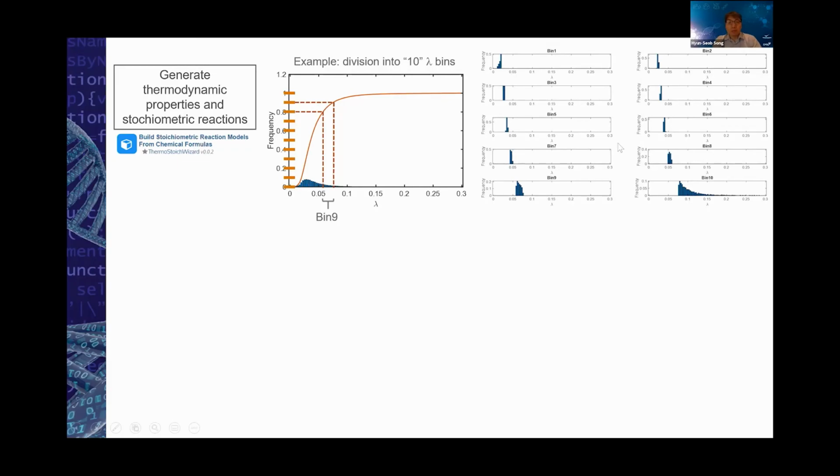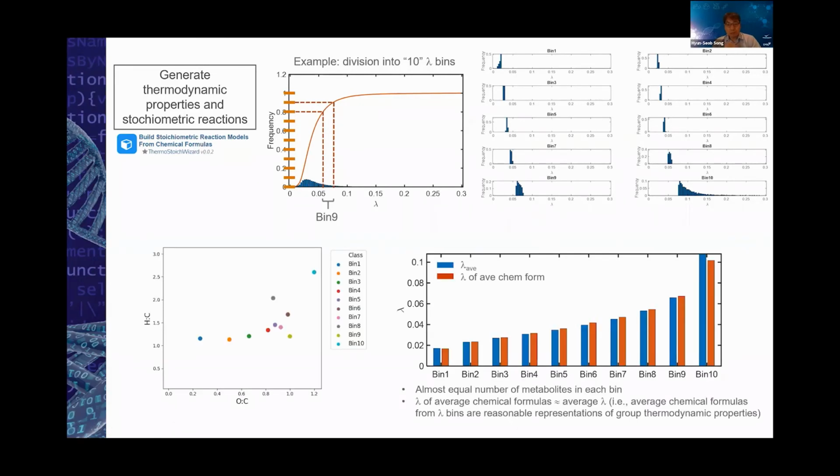So what we do here is identify the average chemical formula from each lambda bin. This is a plot of the average chemical formula obtained from each lambda bin in the van Krevelen plot, so oxygen to carbon and hydrogen to carbon ratio. These are the 10 average molecular formulas obtained from 10 lambda bins.